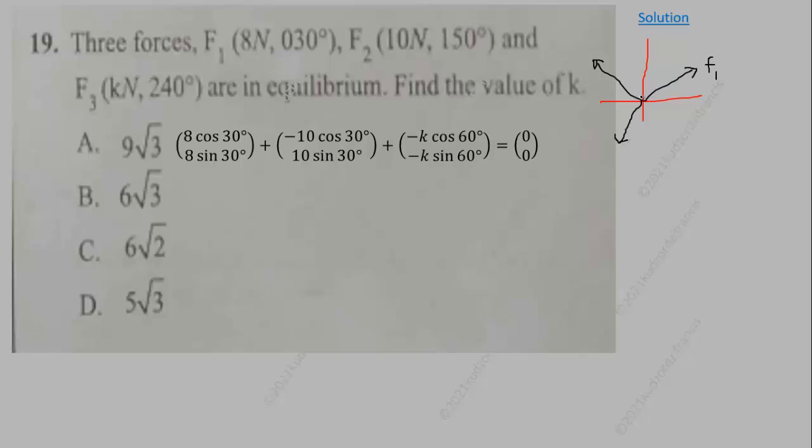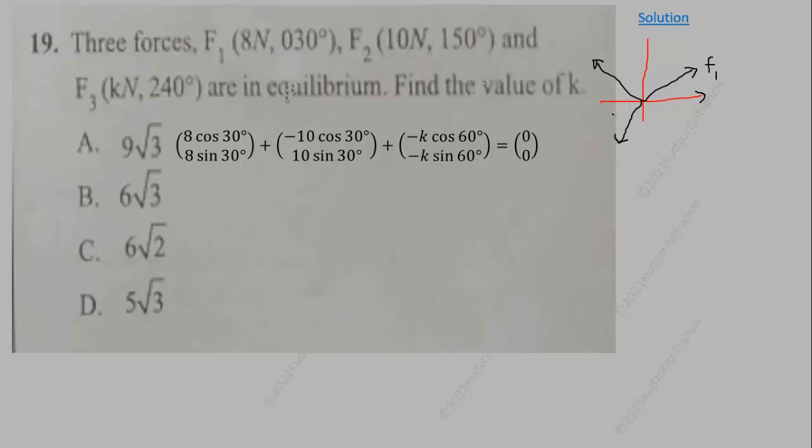So we are going to consider the angle it makes with the positive x-axis, or simply the angle it's making with the x-axis. Over here we have 30, and over here we also have 30 because this is 150, and we also have 60 here because 180 to 240 is 60.